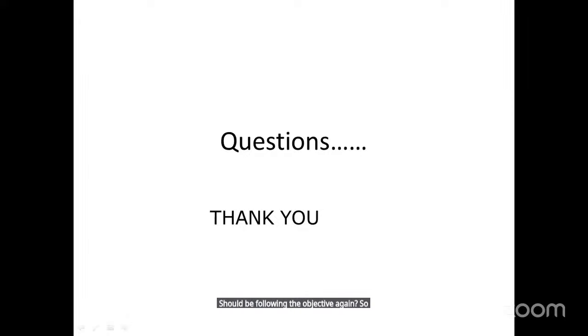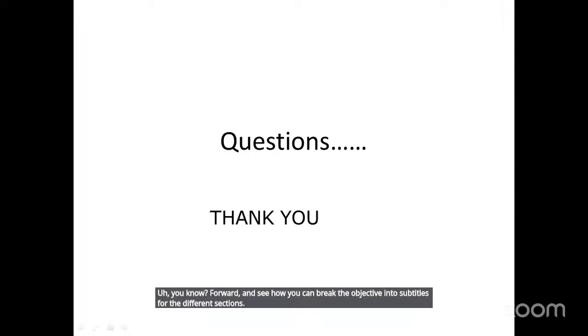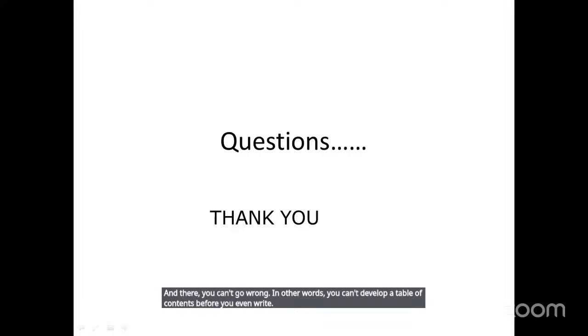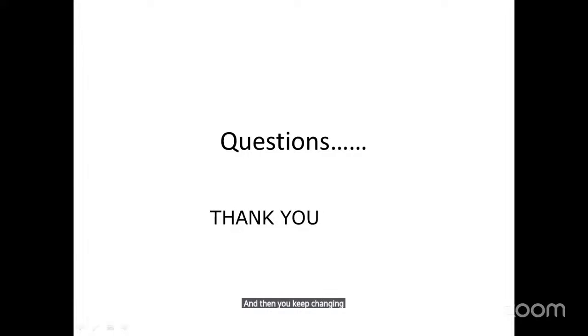So put the objective forward and see how you can break it into subtitles for the different sections: introduction, methodology, and so on. You create subtitles following the objective, and there you can't go wrong. In other words, you can develop a table of contents before you even write, and then you keep changing it within the writing process.